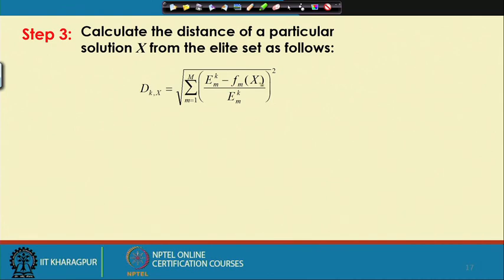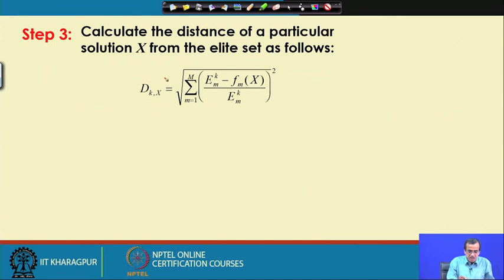Now, this f_m(x) is nothing but the value of the objective function, and E_mk is nothing but its corresponding value in the elite.